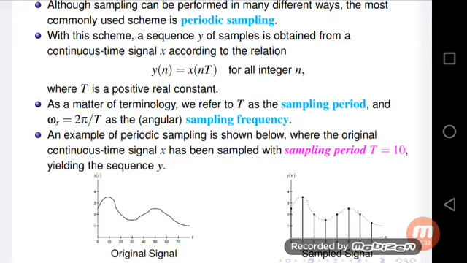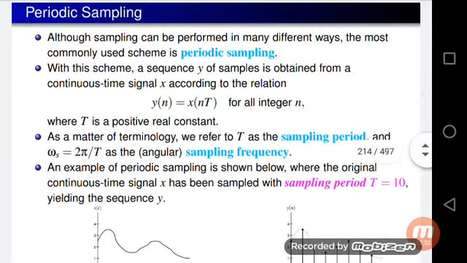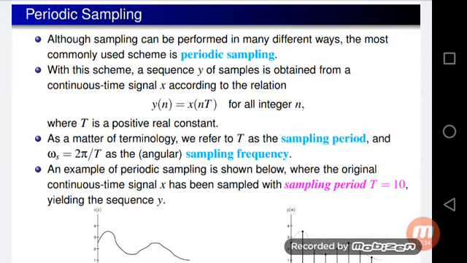In the second waveform, we are clearly observing the sampled signal. Sampled means discrete signal. That's why our topic is periodic samples.